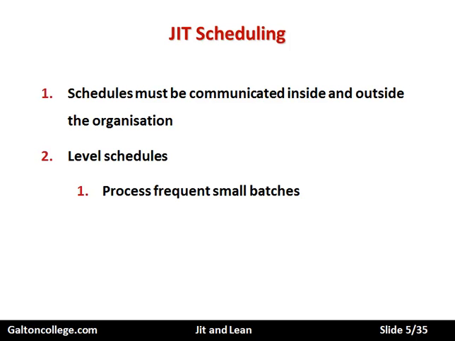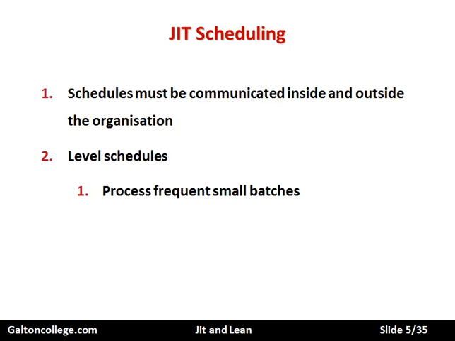So the processing takes place generally in small batches. The idea there is that because they're in small batches, less raw materials have to be held in stores. And the deliveries from external suppliers, say raw materials, can be frequent.